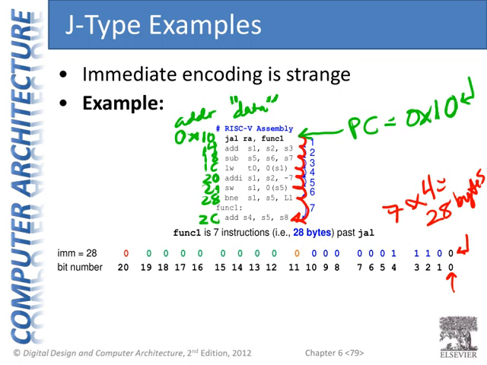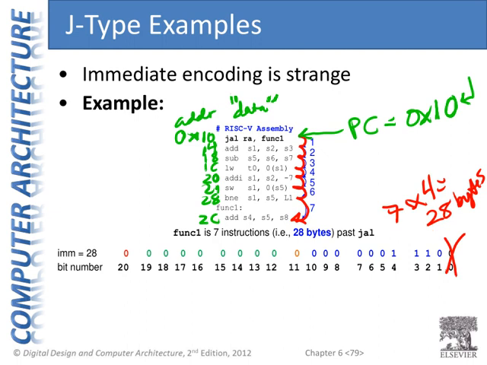Now it's the same thing as with our branch instruction. We're going to ignore bit 0 and not encode it in our instruction. Bit 1 is also always going to be 0 for our 32-bit instructions, but we encode it to allow for 16-bit instructions in other applications of RISC-V.